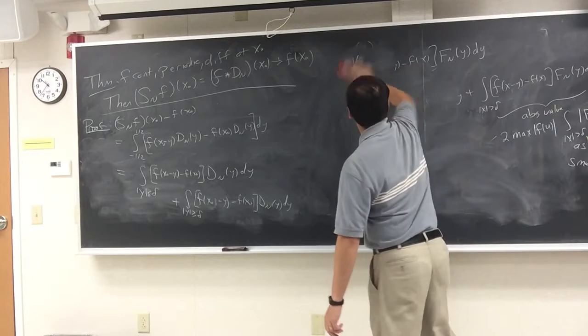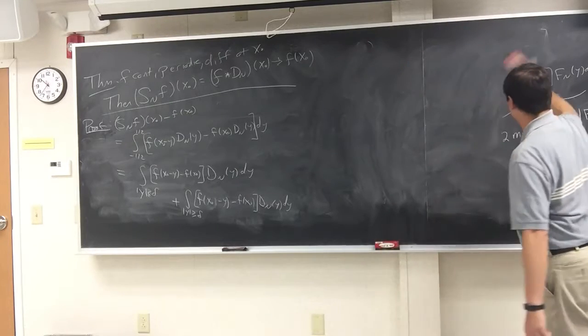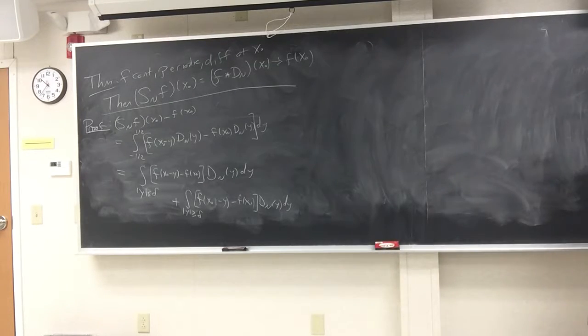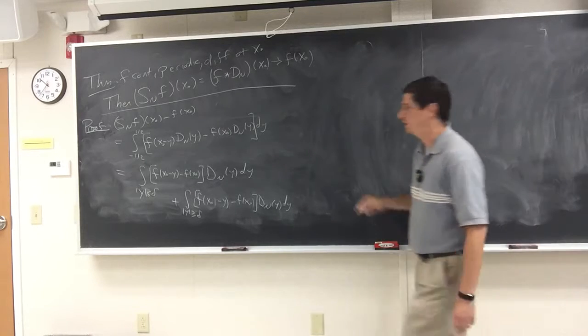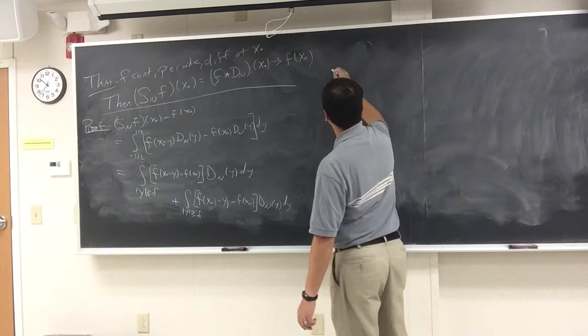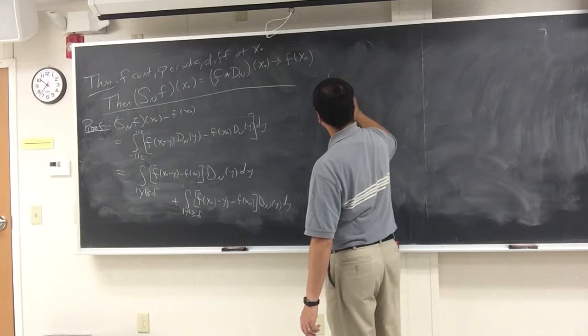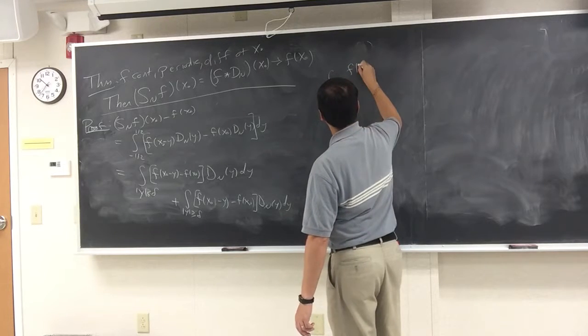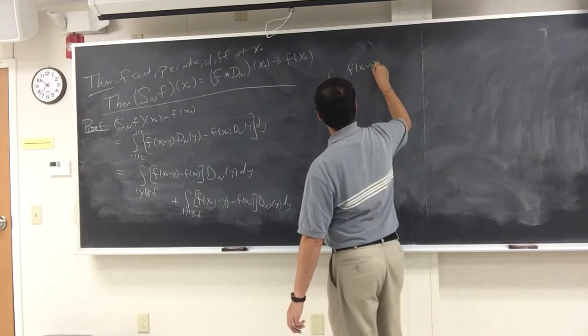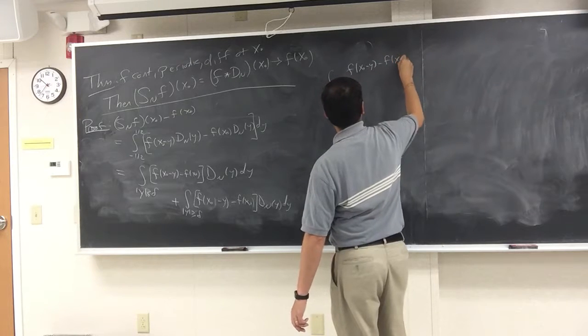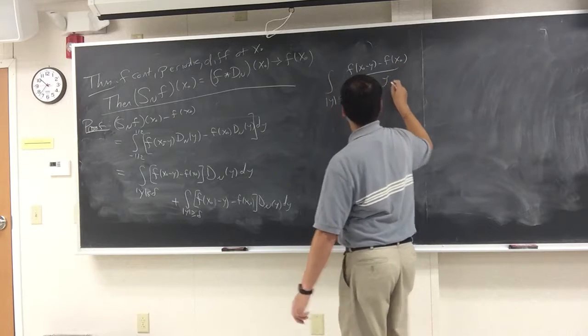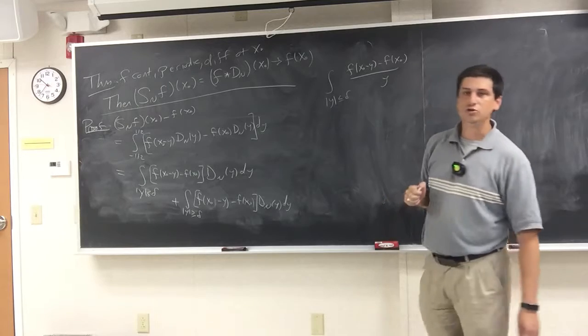And again, when you have conditions, the conditions can often help guide you in terms of what you should be doing. So we'll look at the first part. So we have the integral of y less than or equal to delta, f of x naught minus y minus f of x naught over y. And then what else should I be using?